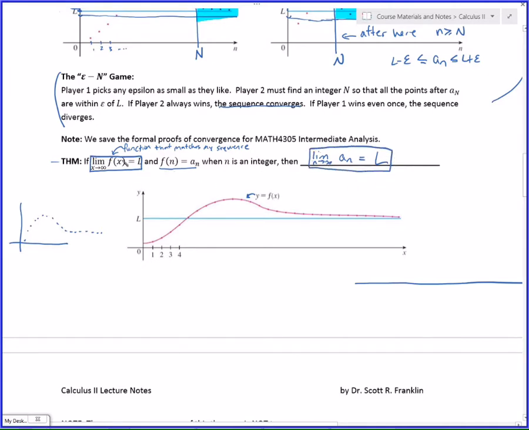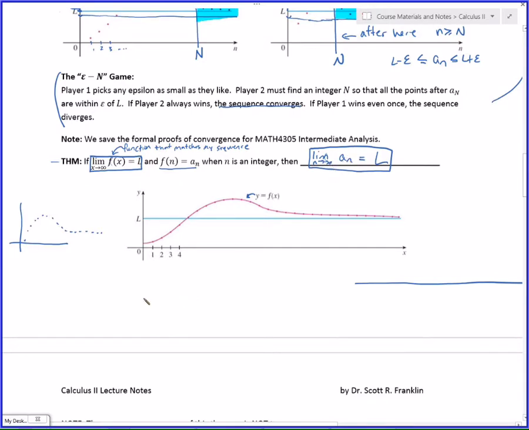The difference between this statement over here and this statement over here is that this is a continuous function f, which means it's a curve that does something. And I'm asking what happens as x goes to infinity of that curve. And this is a sequence, so it's just the dots. Okay? And so what I'm claiming is if you've got a function that matches the dots, then if you already know how to find the limit of that function, then you know how to find the limit of the sequence.